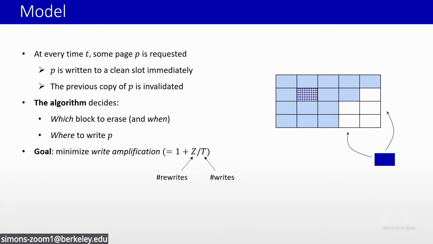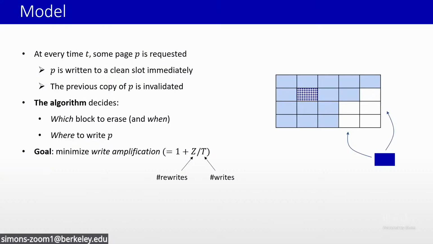And the goal is we want to minimize the number of rewrites, and we're going to measure it by this notion of write amplification, which basically measures the ratio between the number of rewrites and the number of writes.